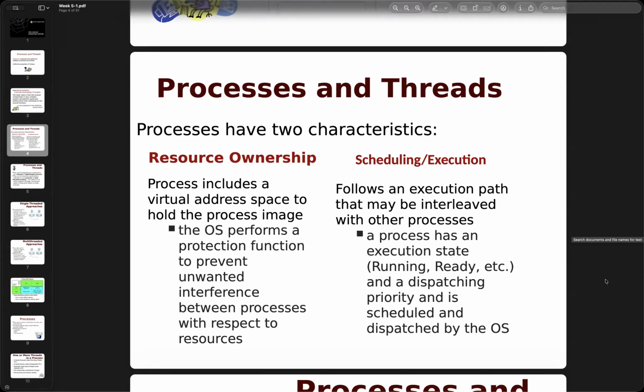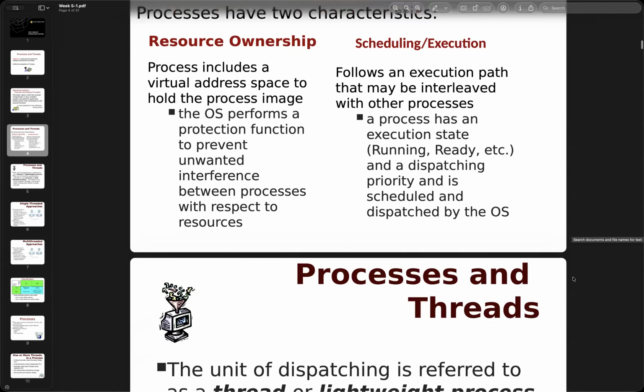Before we execute running, we need to dispatch it. If you remember the graph showing processes A, B, C, D, we need to dispatch the process and then execute it. So here is the dispatching priority: it is scheduled and dispatched by the OS. Those are the two main characteristics.